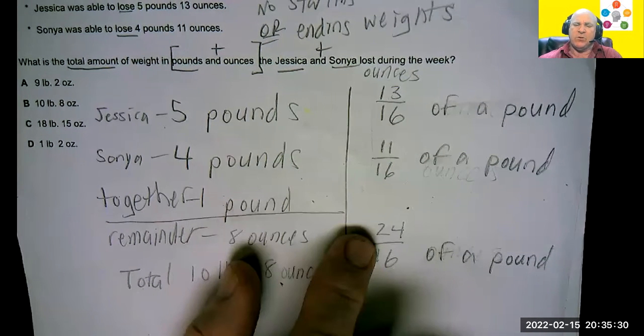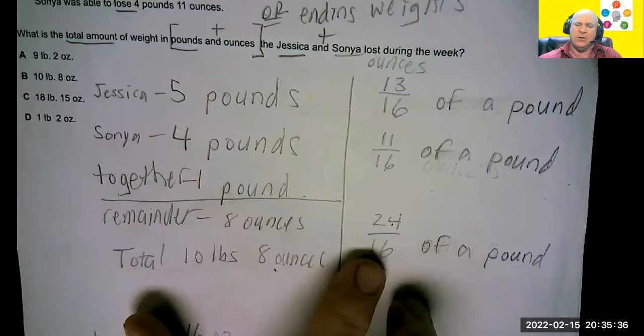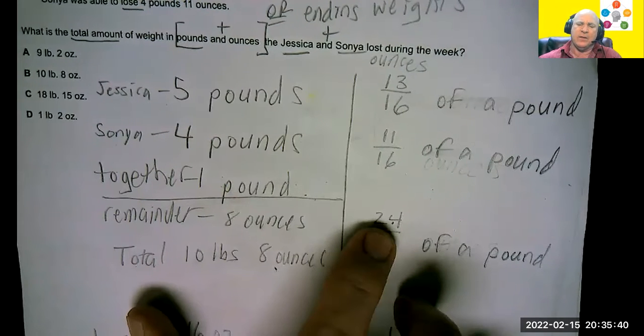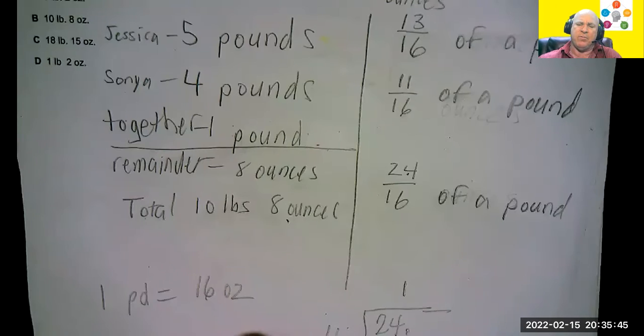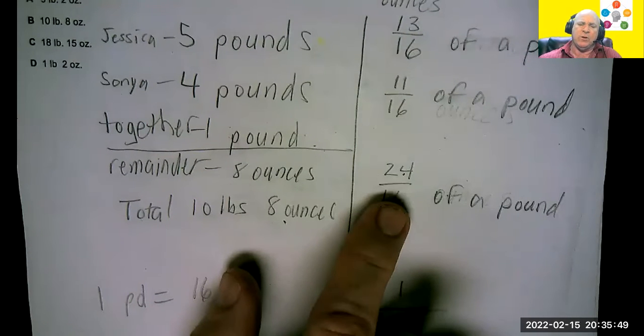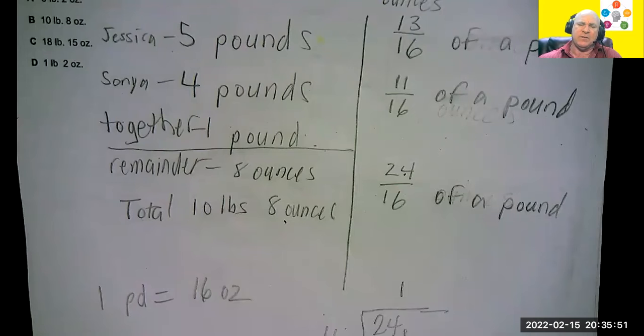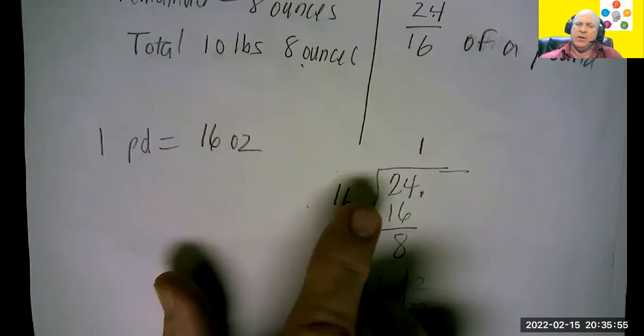Okay, so if I take my dividend and divide it by my divisor, my numerator divided by my denominator, 24 sixteenths of a pound, that's called an improper fraction when the larger number is on top. So we would do our typical division and say, okay, well, how many pounds would that be?